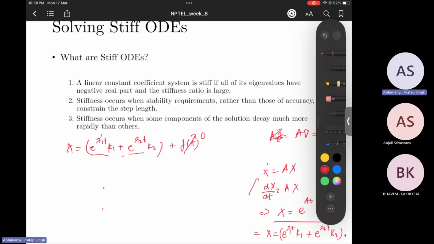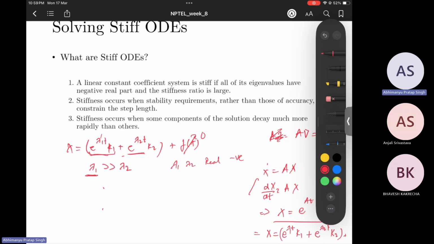Now the issue is, suppose lambda 1 is very big, greater than lambda 2, and I am also assuming that both lambda 1 and lambda 2 are real and negative. In this case, my lambda 1 term decays at a very high rate as compared to my e to the power lambda 2 term.